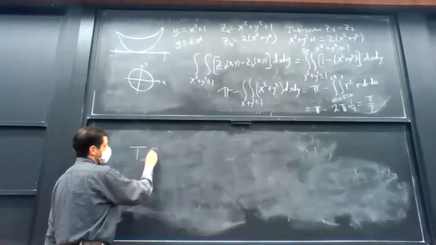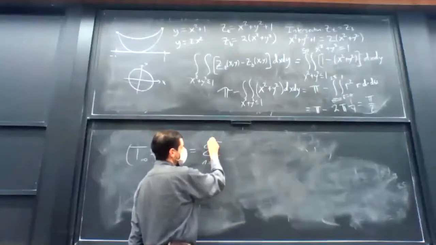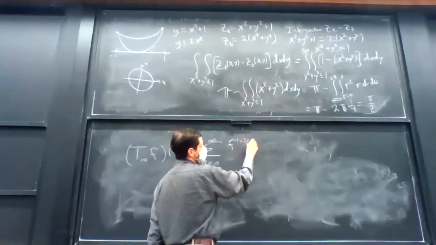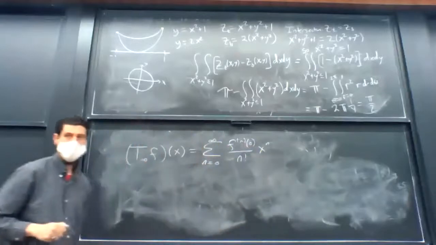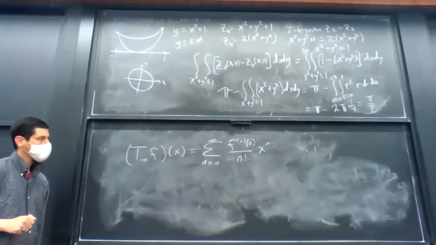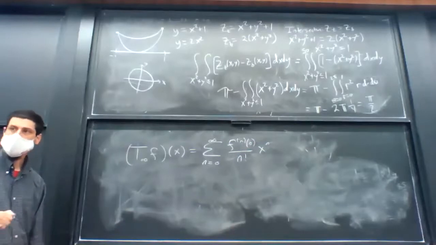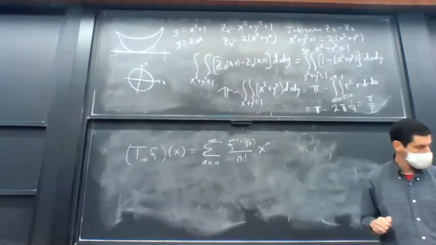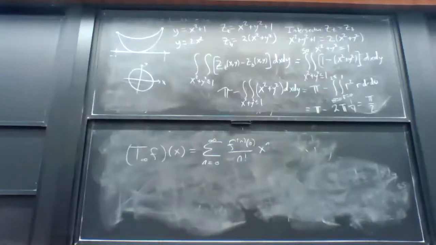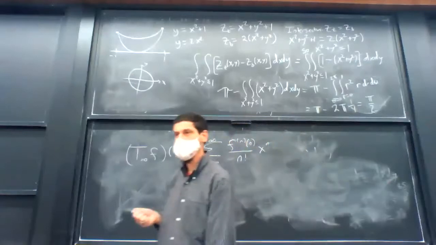f of x would be the sum, n goes from 0 to infinity, of the nth derivative at 0 over n factorial times x to the n. So the question is, what's a good test to use for this? One thing you have to be careful about if you try to do, for instance, the ratio test, is that you might have a situation where one of the derivatives is 0, and you don't want to be dividing by that.